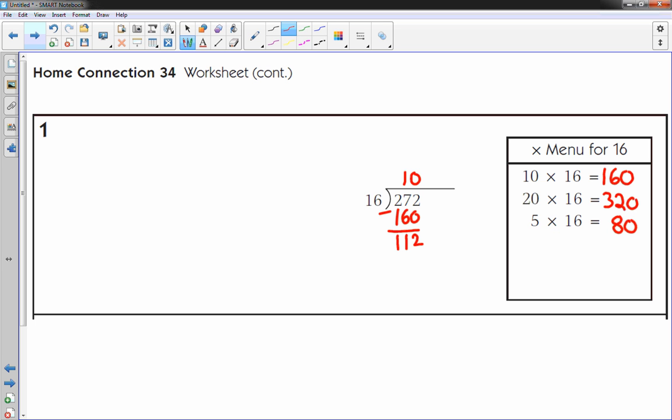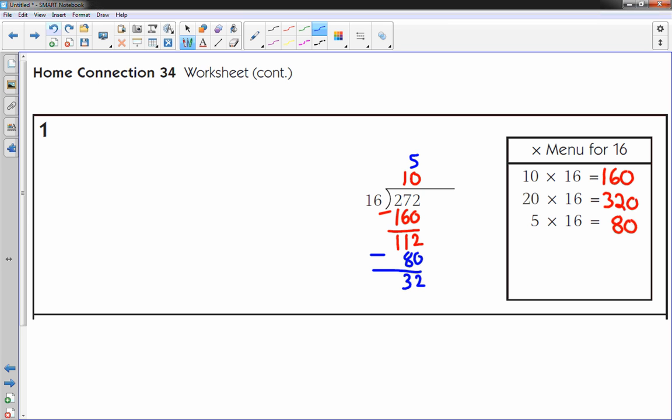Now I'm going to look to the right. What's nice about this multiplication menu is I can use it for my next part of the problem. I'm going to use that 5 times 16, so I'm going to write a 5 up here. 5 times 16, I already know what it is. It's 80. And I'm going to subtract. It's kind of repetitive. 11 minus 8, I know that's 3.